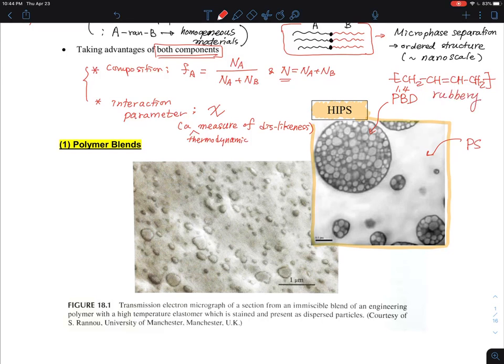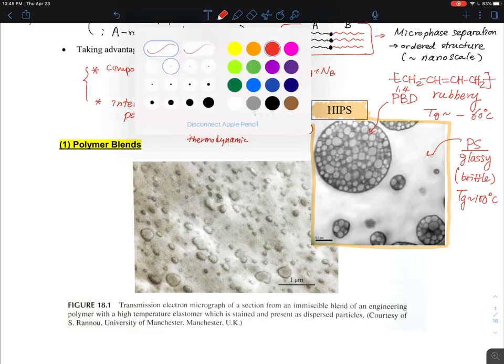It is a rubbery particle, okay, a rubbery domain, and Tg is around, let's say, minus 60 degrees C or so. And polystyrene is glassy, known to be a glassy but brittle polymer, and the glass transition temperature is about 100 degrees C. And so this is an example of HIPS.